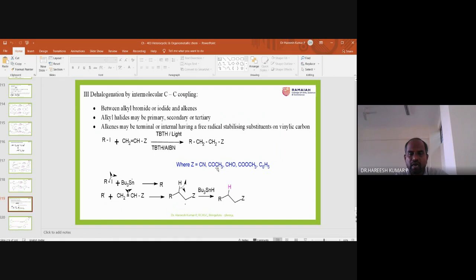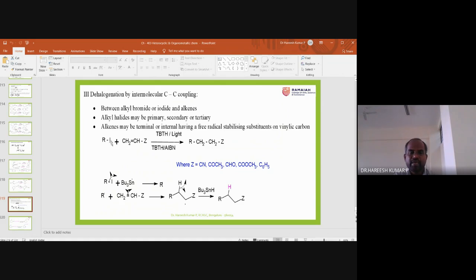CO means what is called a keto group: ketone, nitrile, ketone, aldehyde, ester, and phenyl group. So that means here Z may be an electron withdrawing group. So what is happening here?